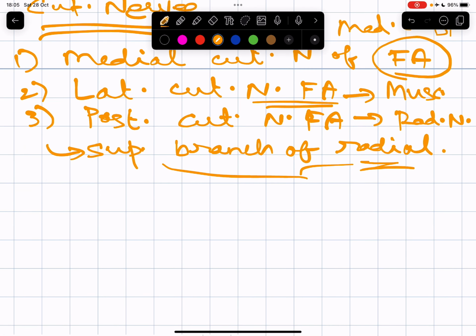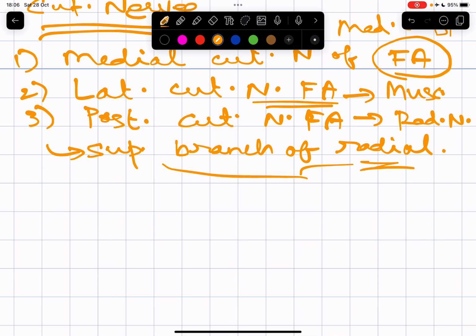This nerve runs in the forearm, but it does not supply any structure of the forearm. Similarly, we have the palmar cutaneous branch of the ulnar nerve and the palmar cutaneous branch of the median nerve. These also supply the hand, not anything related to the forearm.